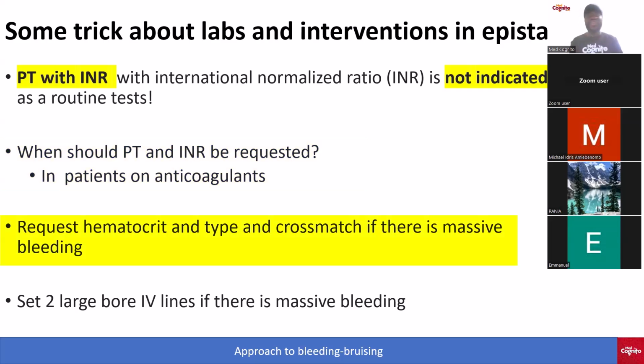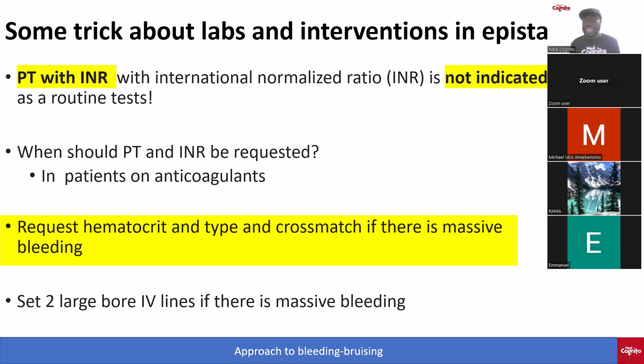Okay. Now, you also want to request, of course, hematocrit and type and cross match if there is profuse and massive bleeding. Most of the time, a lot of the patients who come to the ER with epistaxis, which is self-limiting, you may not even request any labs for them at all, right?